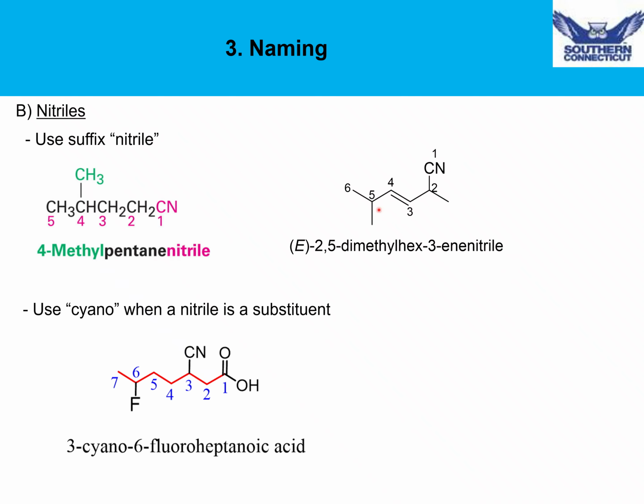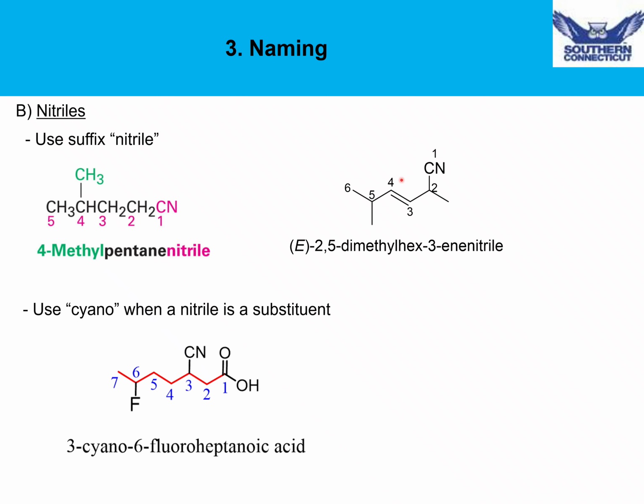We also have a substituent on carbon 5, and also another one on carbon 2. They're both methyl groups, and so we add those substituents in front of the parent name and name it as 2,5-dimethyl hex-3-ene nitrile.